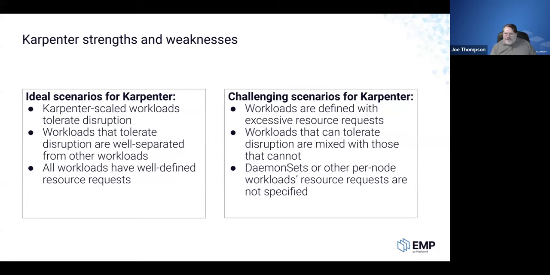You want everything to have well-defined, efficiently set resource requests. And that includes not just the things Karpenter is going to manage, but also other workloads on your cluster. One of the common scenarios that I've seen is people say, well, I scaled up a deployment, and Karpenter provisioned a new node so that that deployment could land on it.